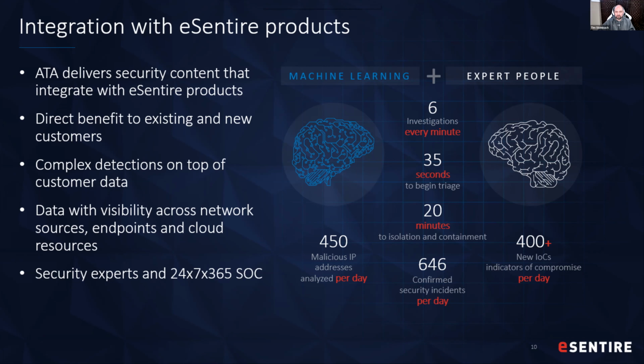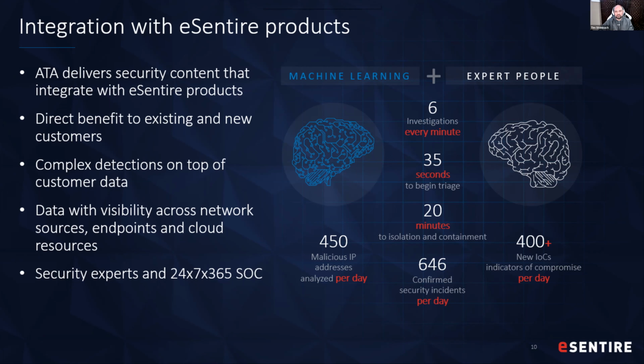We want to make sure that the customer data that sometimes we already have access to can be used to extract the most value. You have to imagine we have visibility across the network, across endpoints, log sources, cloud environments, and each and every one by itself, you can gain a lot of visibility and a lot of value out of.